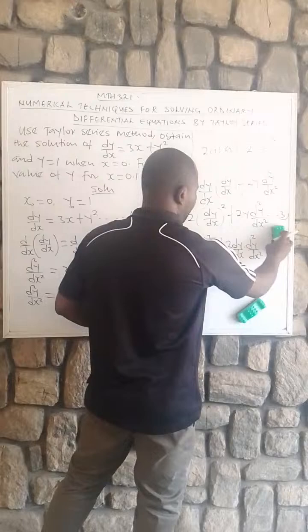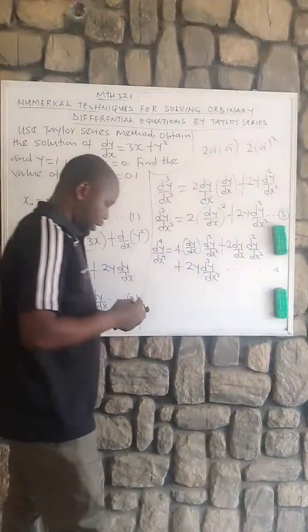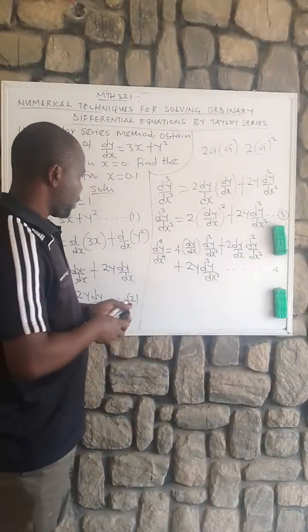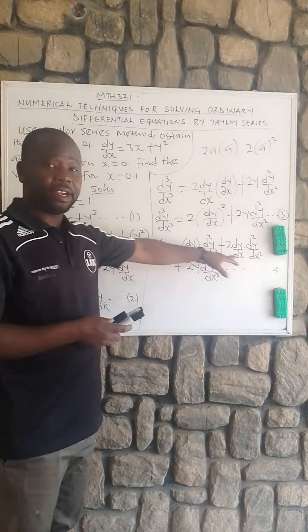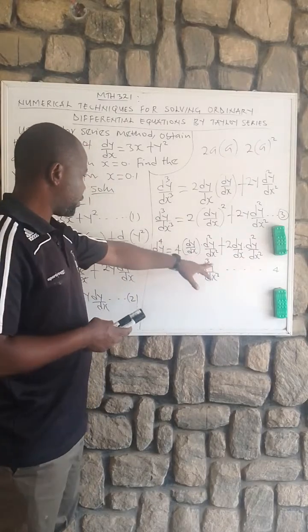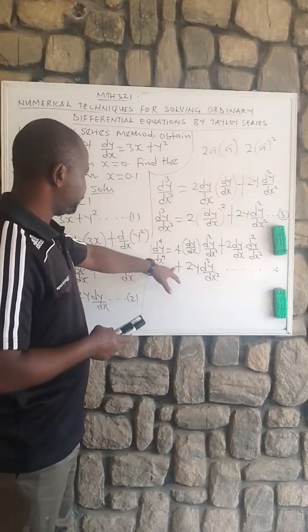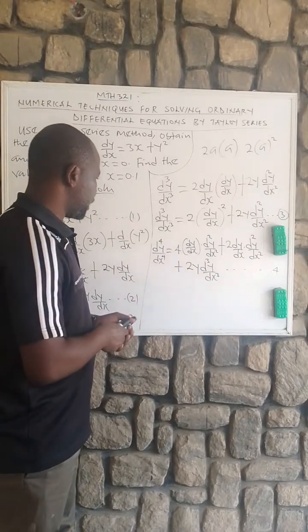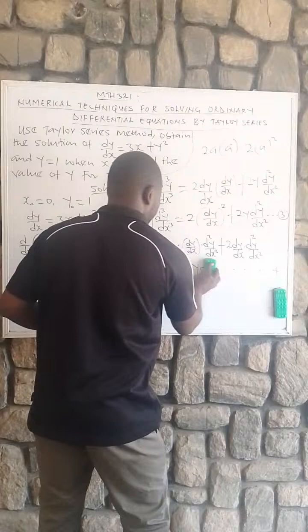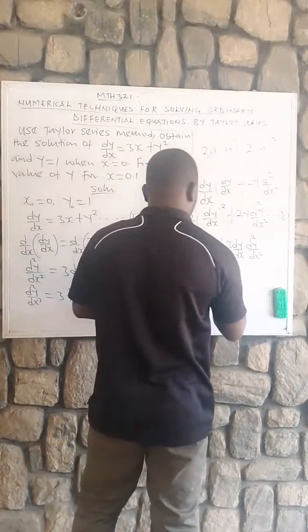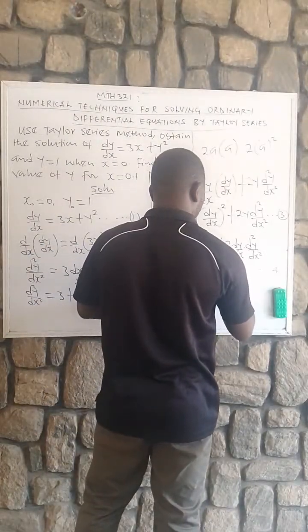But as you can see, look into this ODE very well, the fourth order ODE. Look at it very well. If you can see what I am saying, let me write it here so that you won't be confused.